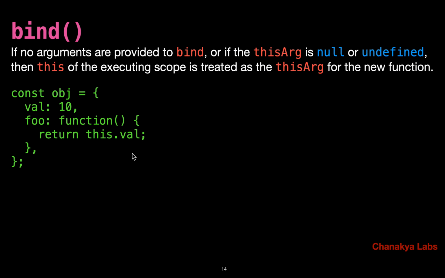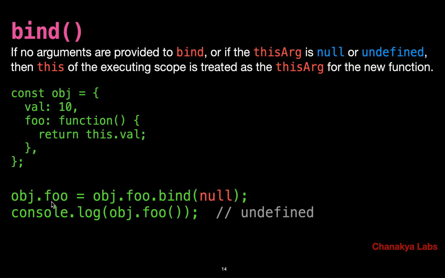But let's take an example. This is the one we saw earlier, with val 10 and the sum function, and object.foo equal to object.foo.bind null. This is a better example, because when we execute object.foo, the context in which foo is executing should be the original object.